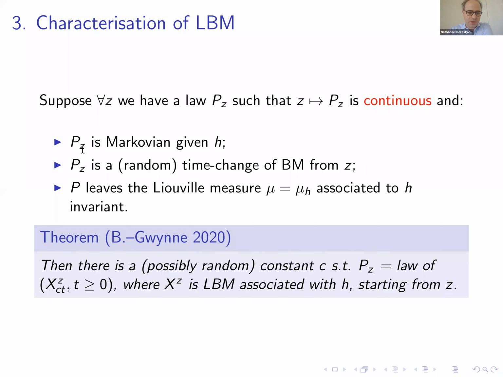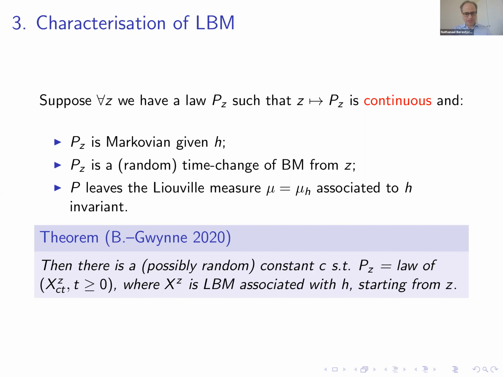We assume that we have a Markovian process given h, so it's going to be Markovian given the underlying geometry of h, given this random geometry. We assume that this process is a random time change of Brownian motion starting from z.